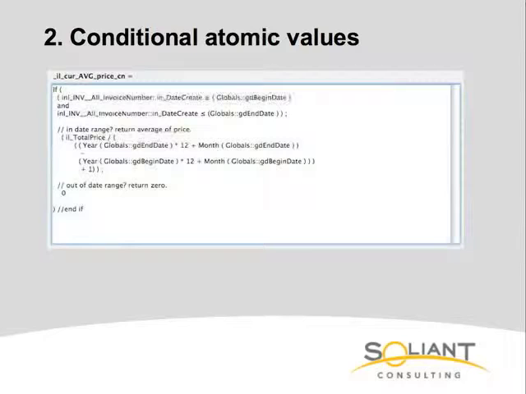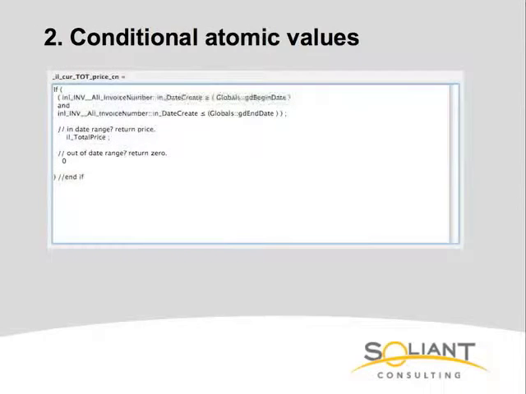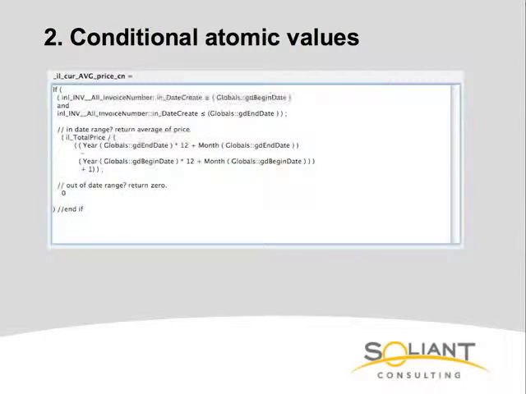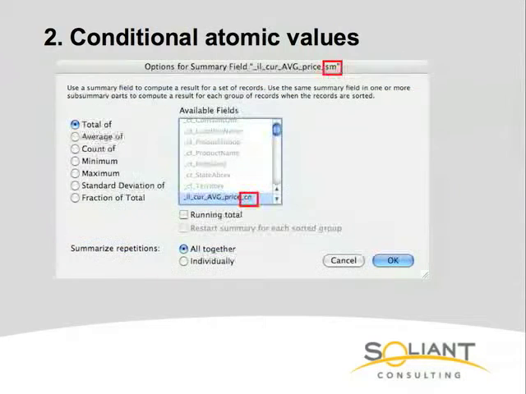So here, back up a slide, the same invoice line item total price, we divide that by the averaging factor, we do the math on it, then we can return the average value for that one individual line item.